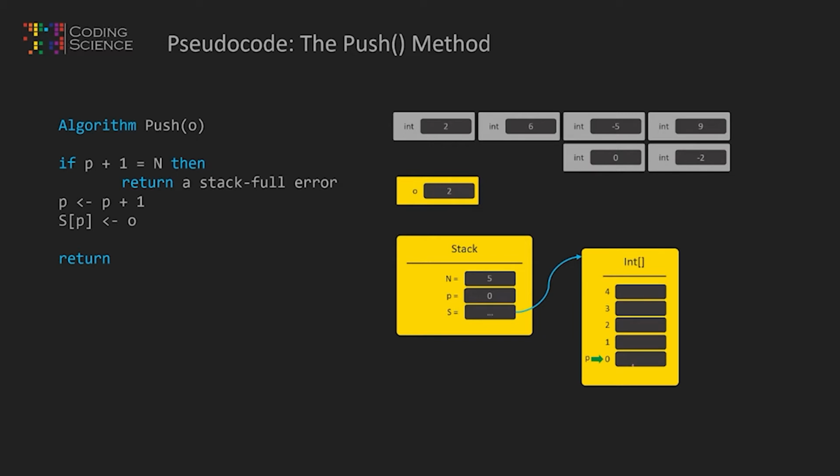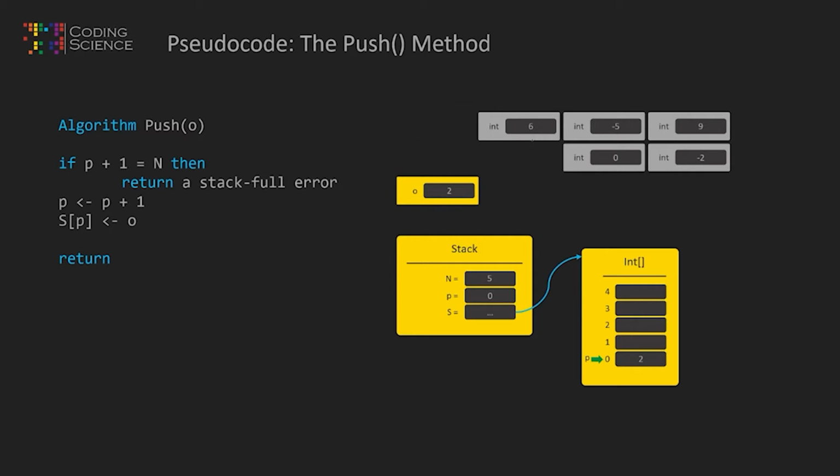That's the position 0. So we'll need to put the value in O, which is 2, into that position. There we go. And now we're finished. We've done the algorithm for the push function. So now we use return. That means that we exit the method. So we're done with 2.